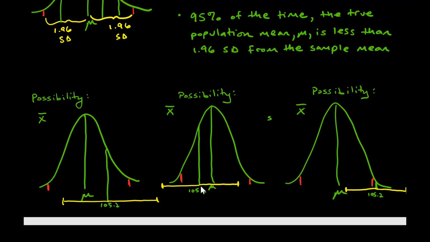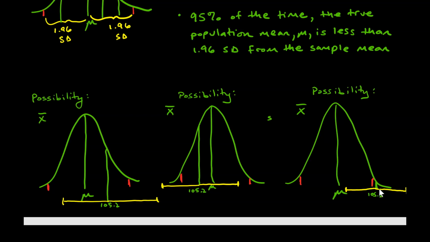I hope that you see that anytime the sample mean is between these red lines, when you deviate 1.96 standard deviations from that sample mean, it is going to create an interval that will include that true population mean.